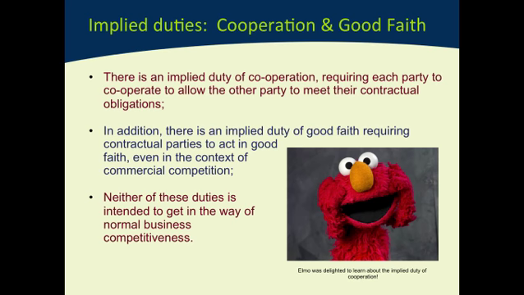And what this says is that even if you have made a contract with a party, and even if you follow the obligations of that to the letter, that might not be enough. There is a duty to have an underlying level of cooperation in order to bring about the objectives which each party had when they signed the contract.